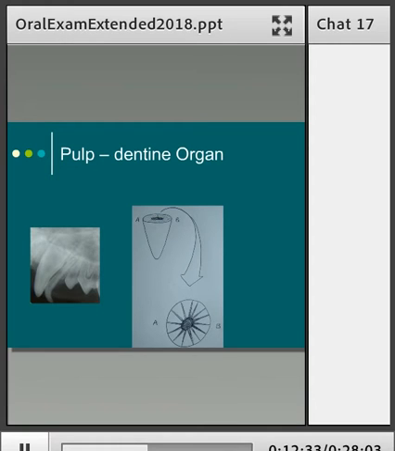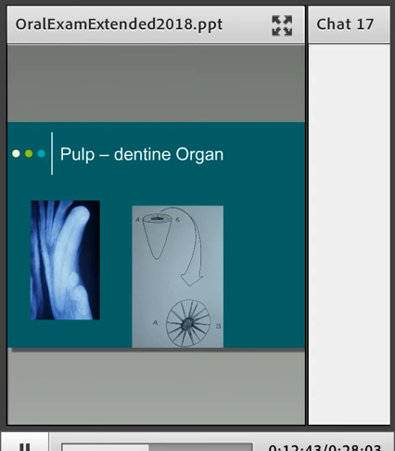And then fully mature, and you can see how the apex, that root tip, is now closed off, and we've got thick walls, narrow pulp, and in that apex of course we'll have our apical delta. Now if we looked at the outside of the dentine here, and it could be either below the enamel in the crown, or it could be below the cementum in the root.